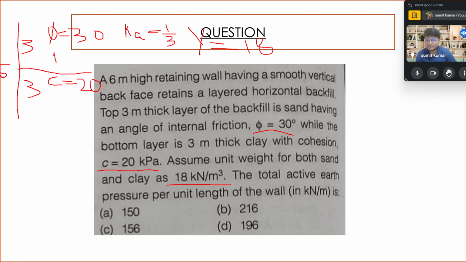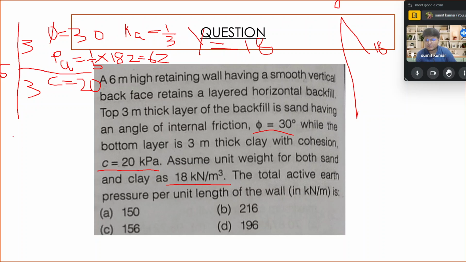Now see one important thing. We write PA as 1 by 3 into 18 into Z, that is 6Z. Then I plot a graph. It is going to be 0 at the top and 18 over here.